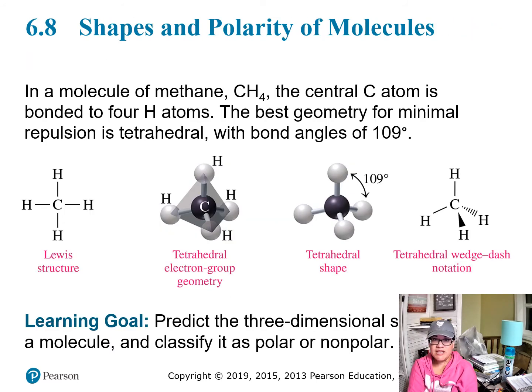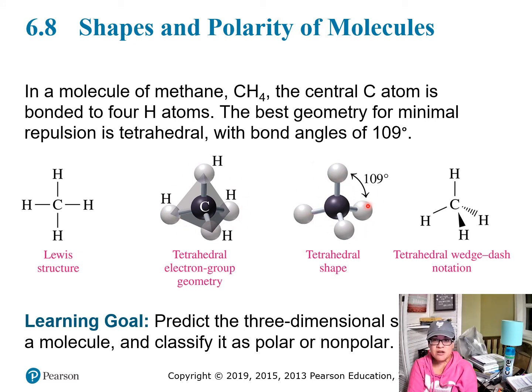Okay, 6.8 is where we are trying to determine the shape and polarity of molecules. So when we look at molecules like this in 2 dimensions, flat on a piece of paper or a screen, that's not really what they look like. They actually exist in 3-dimensional space. So this is one way that we can draw it, and this is another way.